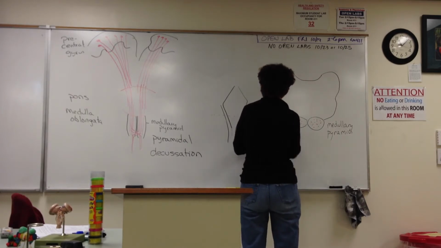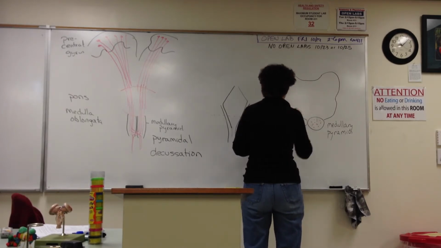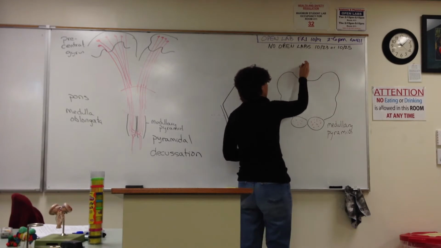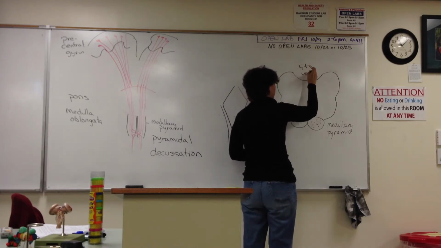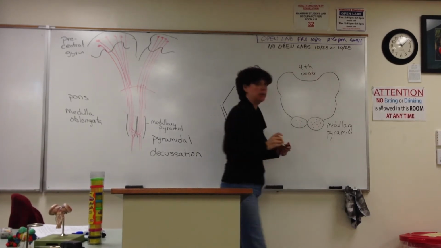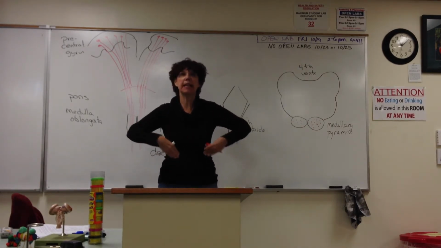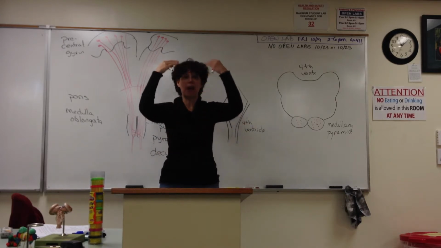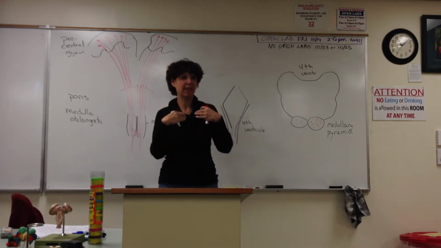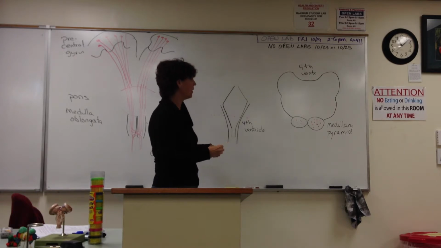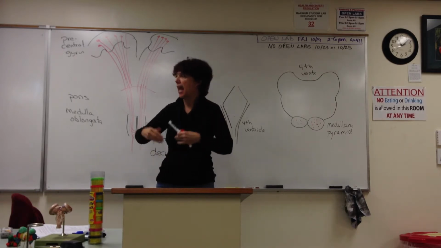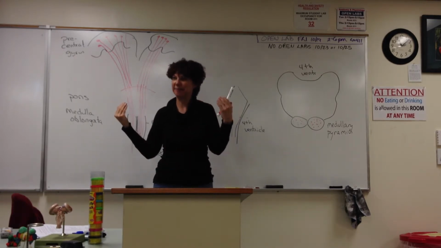Then we have ascending fibers that are coming from your joints. Remember the posterior white column? The posterior white column is going to carry joint sense fibers all the way up to your cortex. But we have other joint fibers that are coming up and going to the cerebellum.